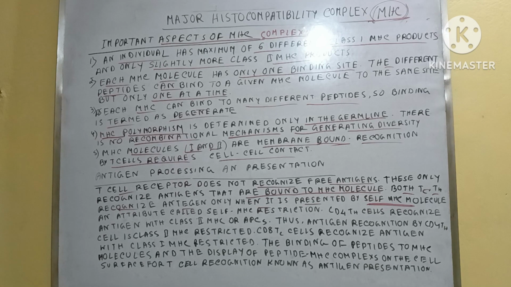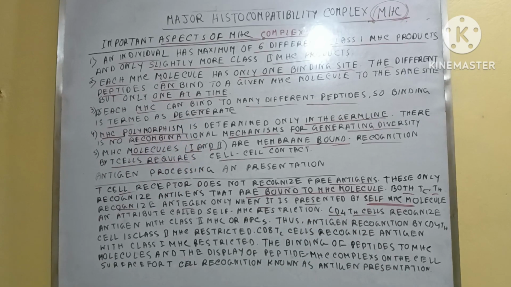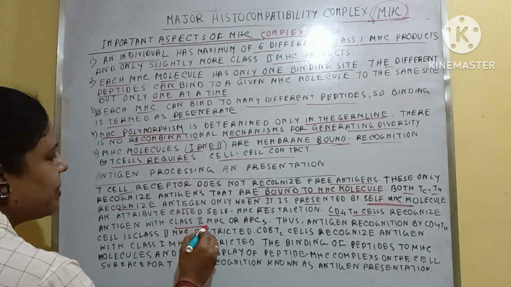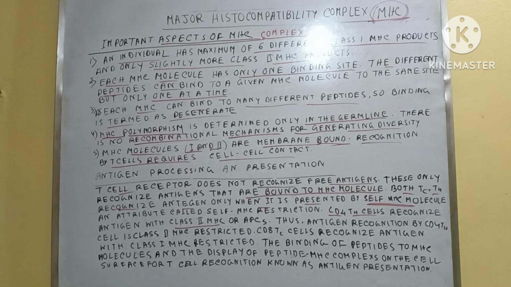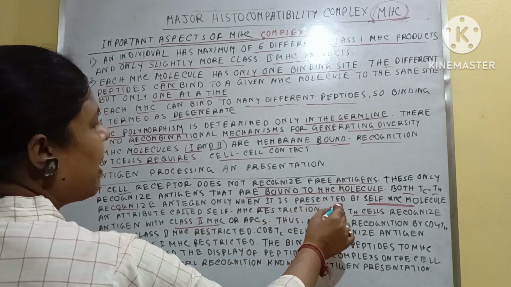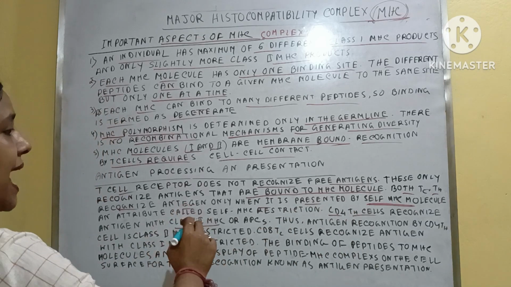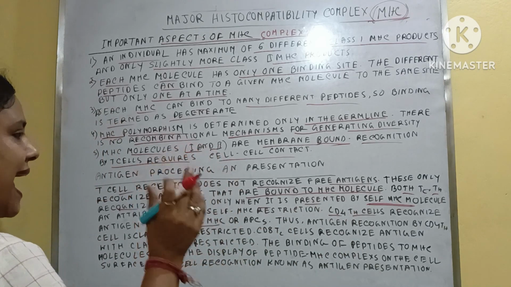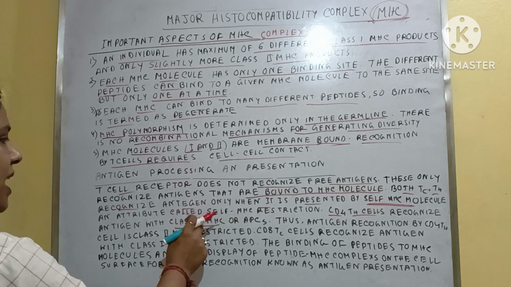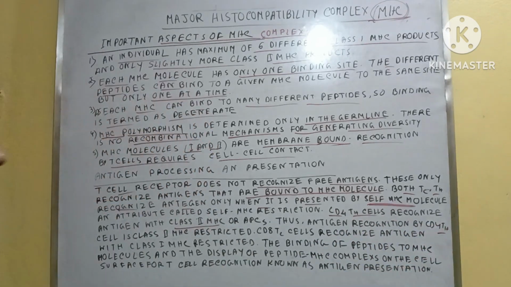CD4 TH cells recognize antigen with class 2 MHC. That means CD4 is bound to class 2 MHC, and in that situation the antigen with class 2 MHC is recognized by the TH cell.